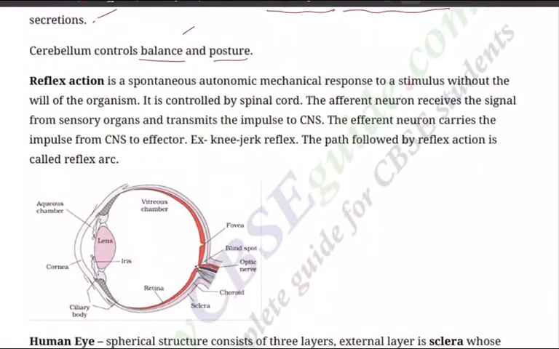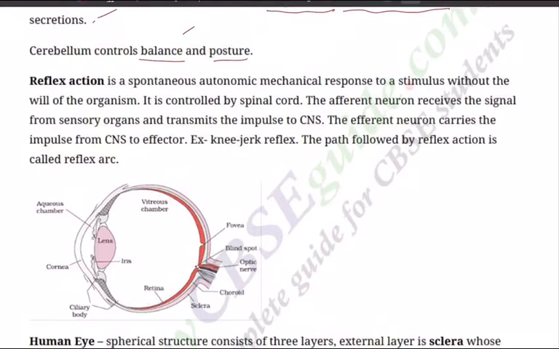We also talked about types of nervous system in human beings: central nervous system, and in that the brain and backbone we discussed. Then peripheral nervous system, autonomous nervous system, all these types we discussed. We also discussed how the very origin of the nervous system takes place right from protozoa until vertebrates.